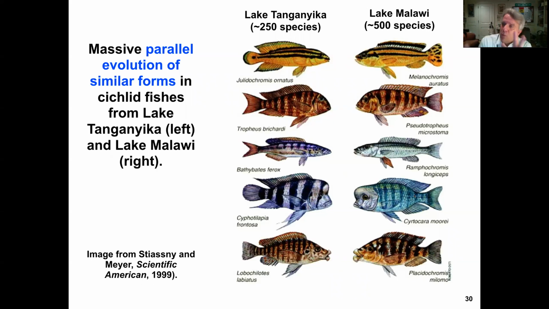And so when we talked about Stephen Jay Gould's idea of contingency versus adaptation in evolution, this would be a counter argument to contingency: that given these lakes, which are different, have their own evolutionary histories, the different cichlid lineages have their own evolutionary histories, that evolution is resulting in very similar outcomes.